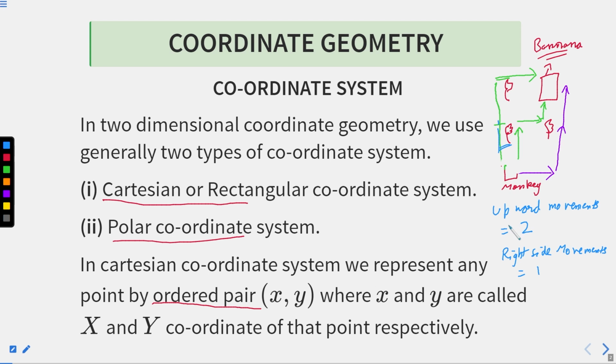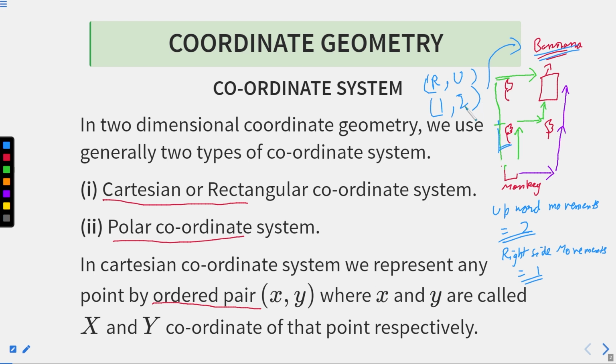Now, if we combine the rightward movement and the upward movement in a single pair, we can easily write 1 comma 2, which represents the location of the banana.